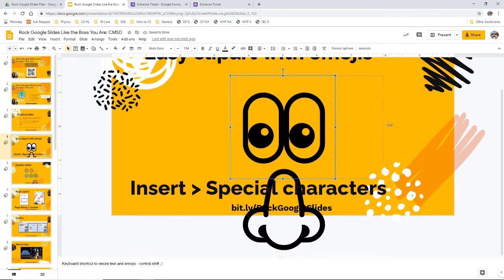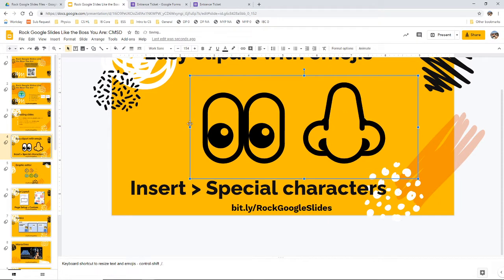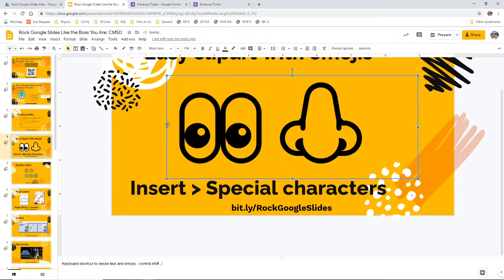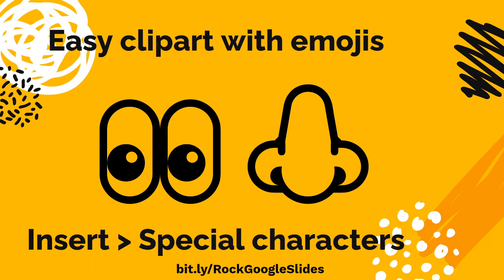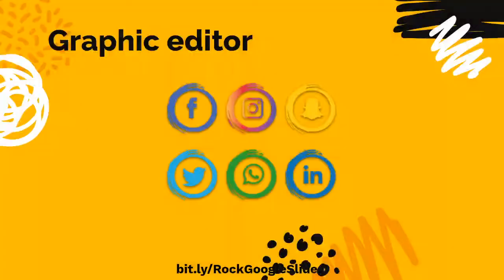And right now the font is just letting me have all black characters, so that's why it doesn't have color in this particular view. But if we go back to presentation mode, we might be able to see some color. Okay, so that's how you can do easy clip art with emojis.